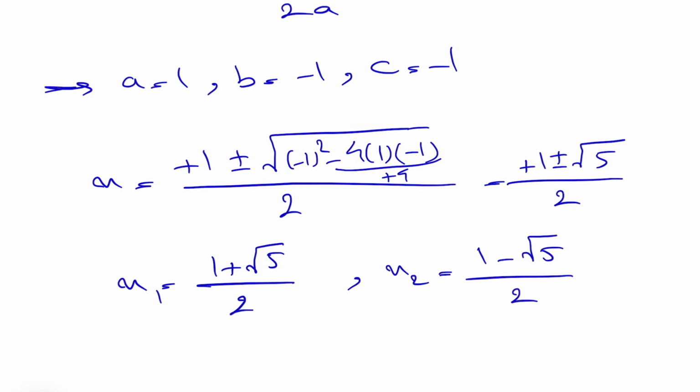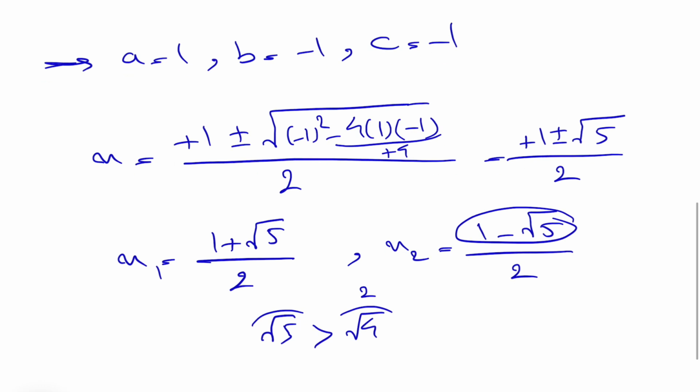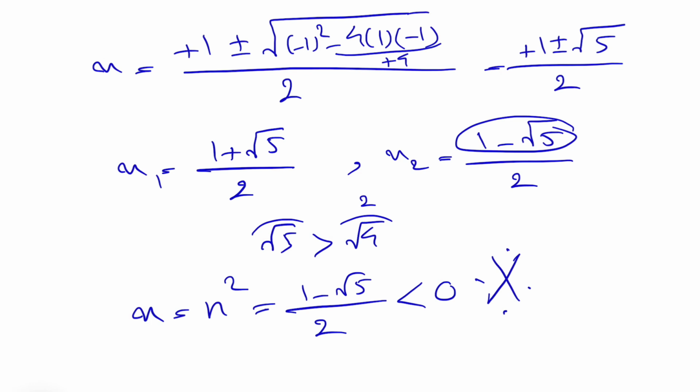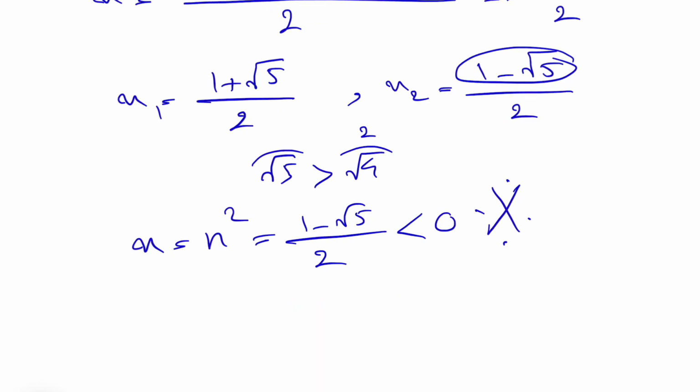We know the square root of 5 is more than the square root of 4, which would be 2, so the square root of 5 is something more than 2, and if that's more than 2, this will be a negative value. That means our x, which was n squared, equals a negative value, which is less than 0, and that cannot be an answer either, because we'd get an imaginary number, which is not what we are looking for.